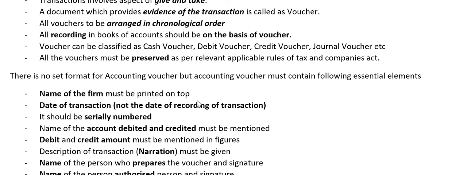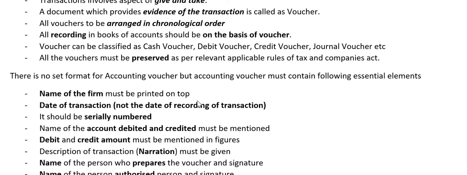Recording of transactions can be done weekly, bi-monthly or monthly, that is a different part, but the voucher must contain a date, which should be the date of the transaction. The voucher must be serially numbered. Every voucher should be serially numbered.